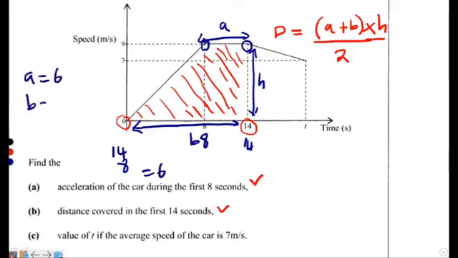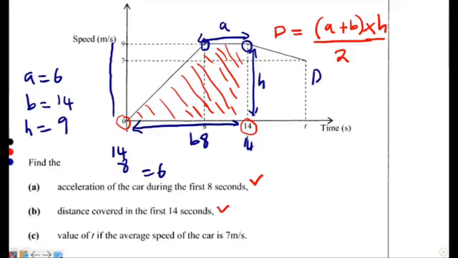Now what about B? From 0 up to 14, the difference is 14 minus 0, which is still 14. That will be the value of B. For height, we consider this part right here, which is 9.